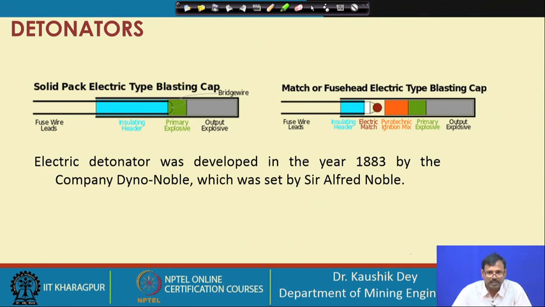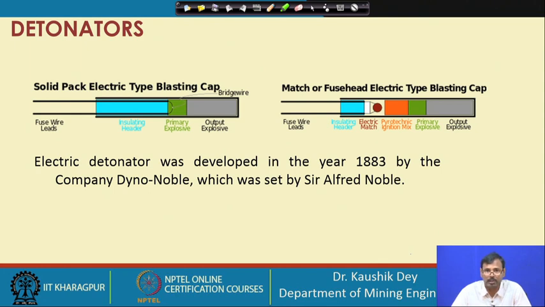So, basically the electric detonator gives us the facility of controlling the exact time of blasting, and that too while staying in a remote place. That means the length of lead wire gives us the distance; it may be 100 meters, it may be 200 meters.